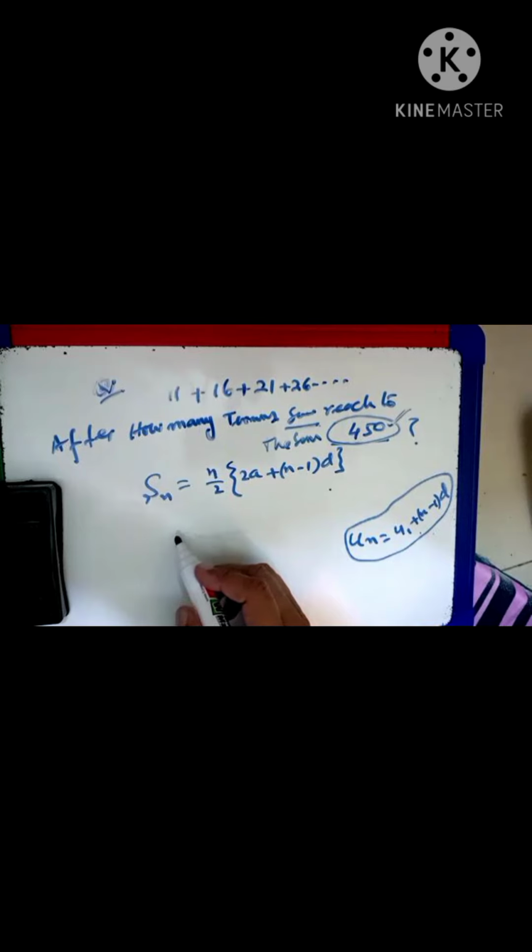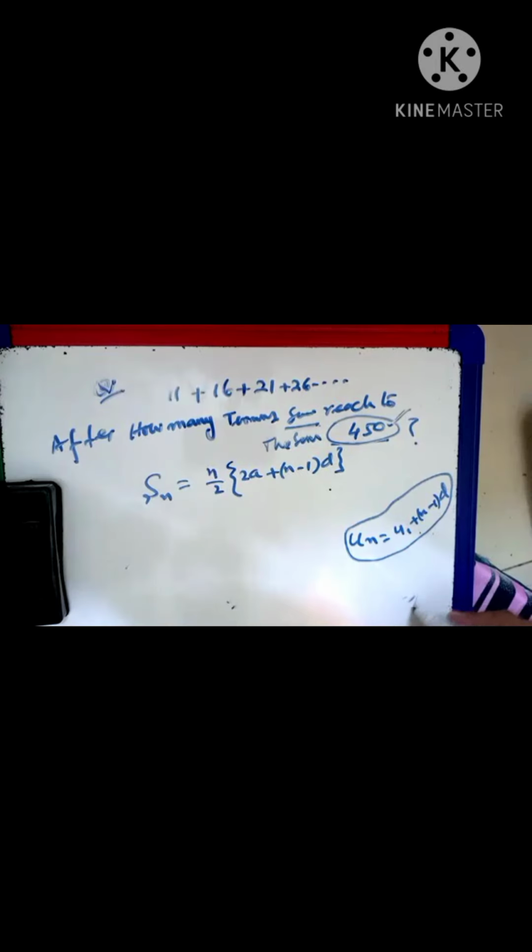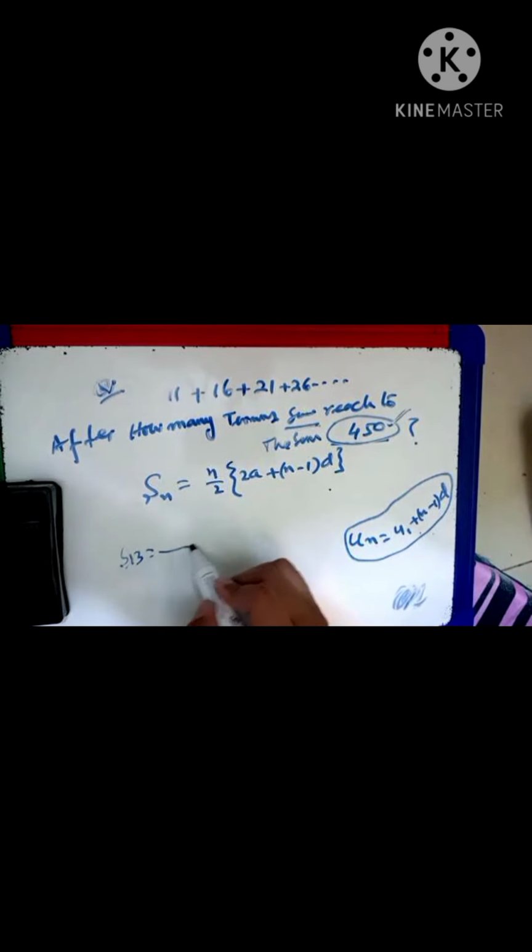As you calculate, it means 13 terms. So, okay, just check your answer. You said 13. Okay. So, check your answer as 13. Let's see what 13 will be with this.